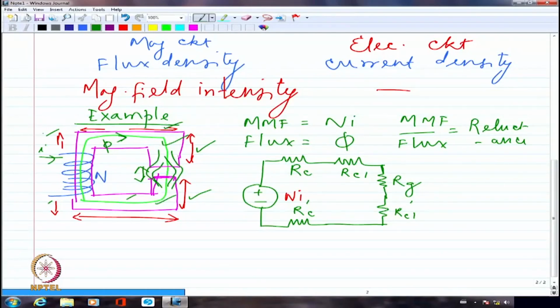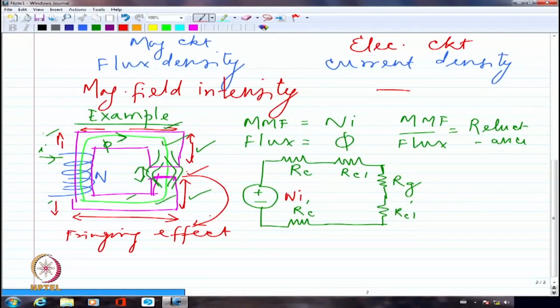Some of them may get lost in the process. So, I should say this particular effect, what happens whenever there is an intervening air gap, this is known as fringing effect or fringing of magnetic field lines. This happens every time there is an intervening air gap, right?